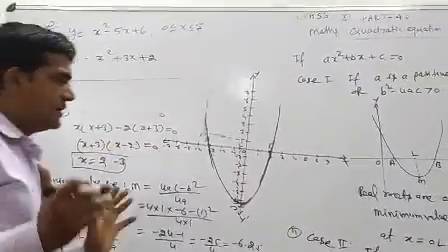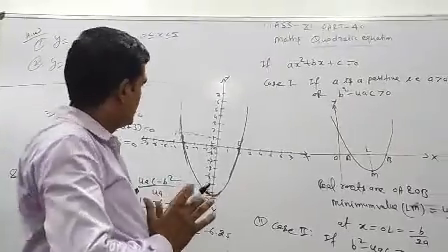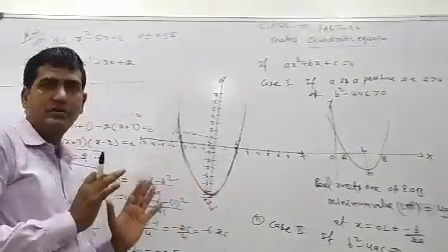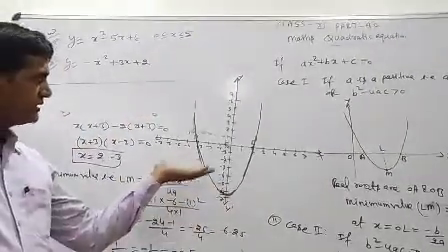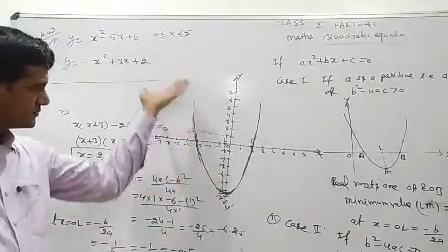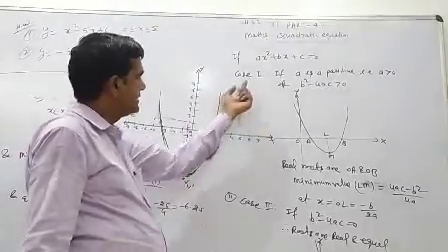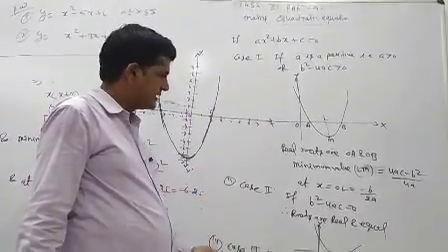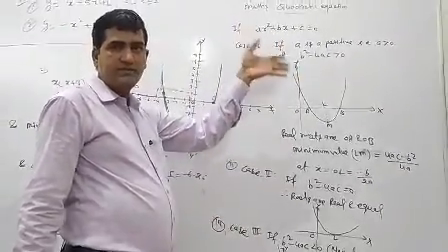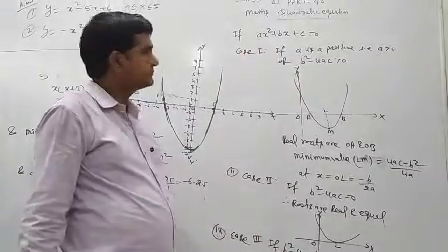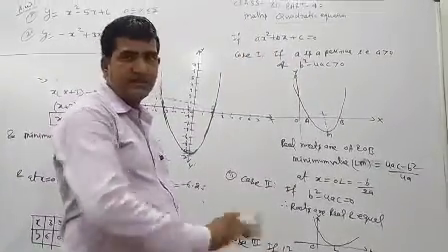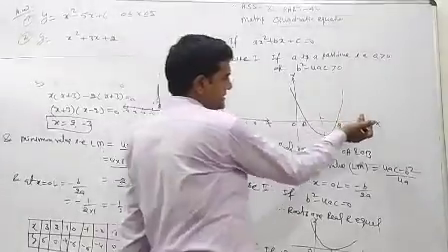Please, I request you to complete your homework questions, and when you start doing the graph, you have to follow and see these cases. Case number 1, case number 2, case number 3. This is possible if A is positive. If A is a negative value, just make the opposite here.